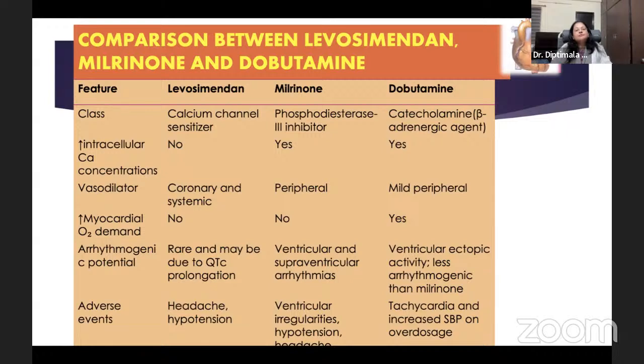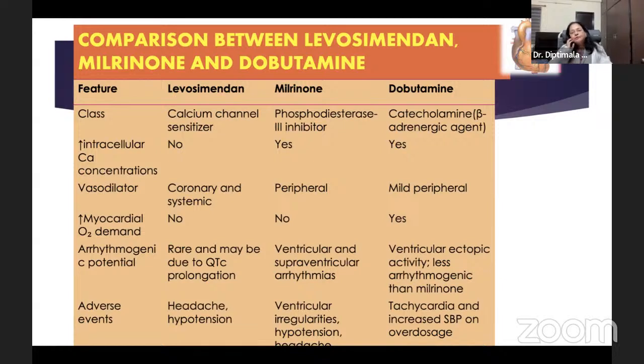This is a comparison between the levosimendan, milrinone, and dobutamine. So we'll talk about dobutamine here because that is most frequently used in our ICUs out of these three.